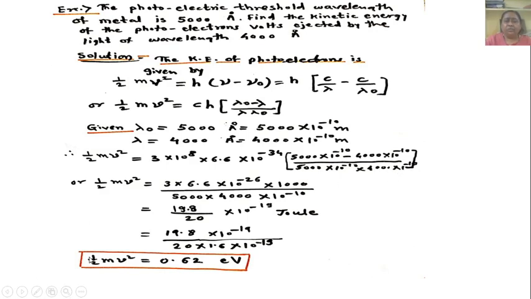So 1 by 2 m v square is equal to 3 into 6.6 into 10 raised to minus 26 into 1000 upon 5000 into 4000 into 10 raised to minus 10, that is equal to 19.8 into 10 raised to minus 19 upon 20 into 1.6 into 10 raised to minus 19. That is, kinetic energy equal to 1 by 2 m v square equal to 0.62 electron volt.